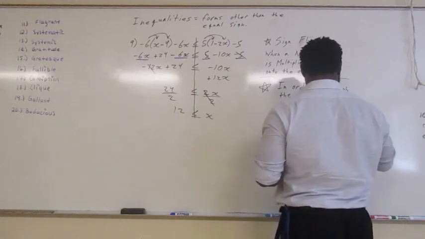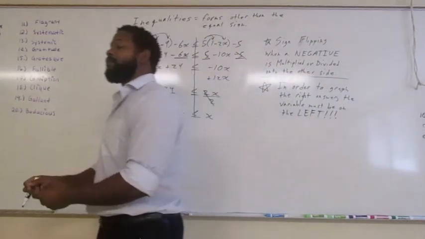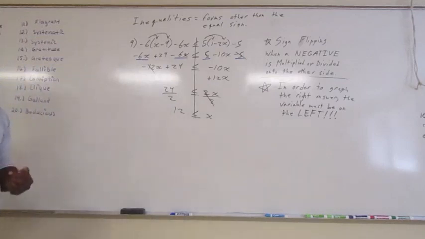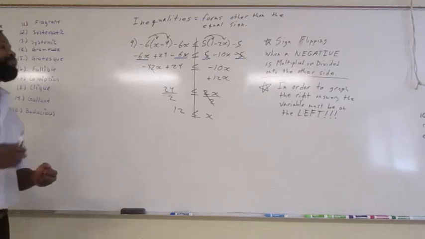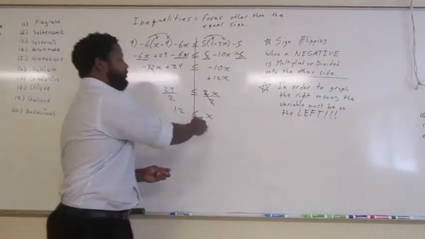Okay? In order for you to graph correctly, the variable must be on the left. You must be able to read this from left to right.